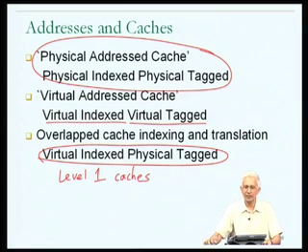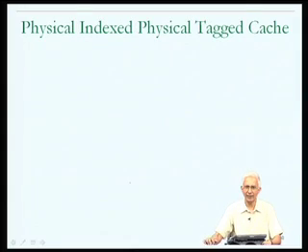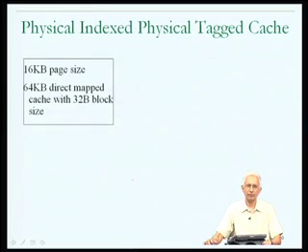Just to give us a better understanding of how these three differ, I'll go through this diagrammatic mechanism for showing you what happens to an address in each of the three cases. The numbers which I'm going to be using for the sizes of the different bit fields will assume a 64 kilobyte direct map cache which has 32 byte blocks.